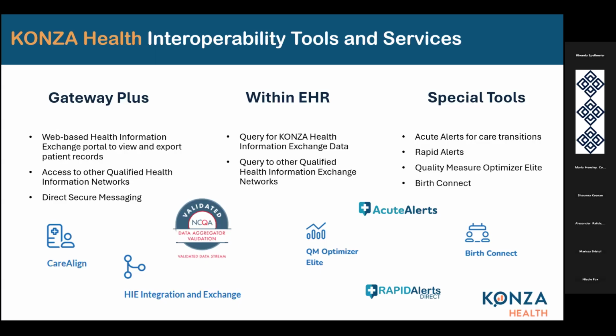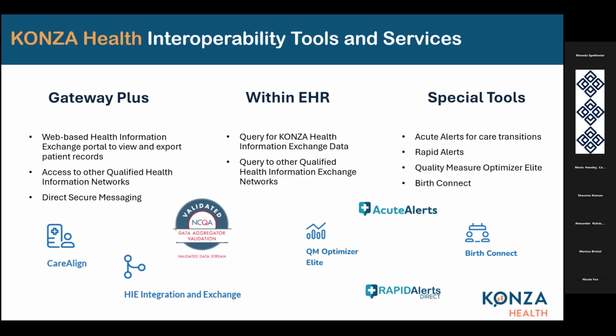Then we have kind of our leveled up alerts. These are called rapid alerts. We'll talk a little bit more about those. And there are two new products that I am super excited about because I think they are something that you can really appreciate and utilize. We've done some revamping of our HQ Insights analytics tool because we recognized that it was not exactly the most user-friendly and some of the tiles weren't being used as often.